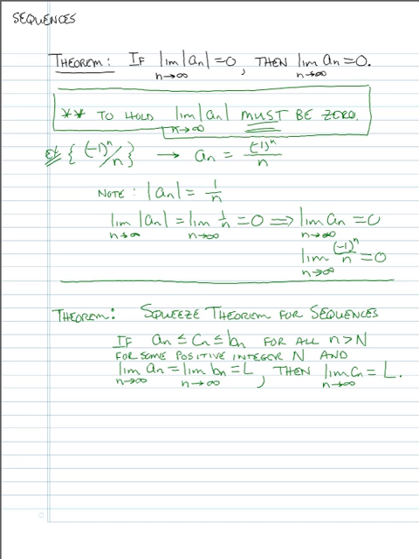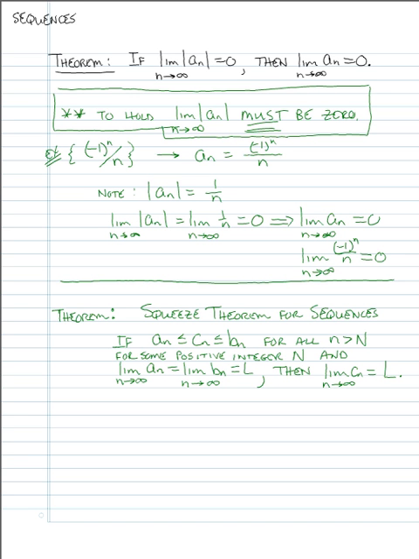That's what the rest of that says: for lowercase n greater than capital N, where capital N is some positive integer, and it means eventually. It may not be true for the first 10 terms, but beyond the 10th term, it's always true, as an example.